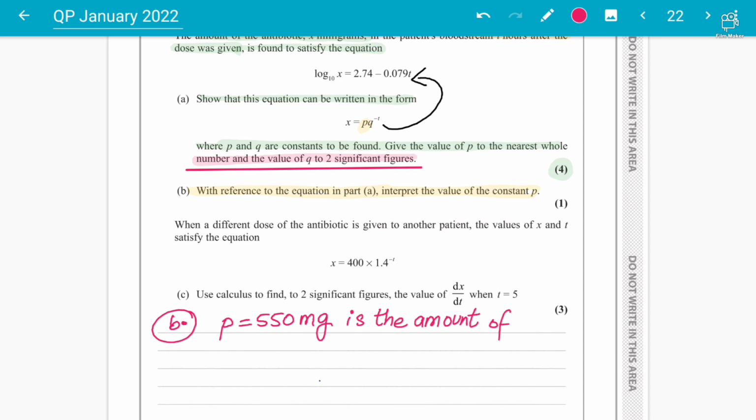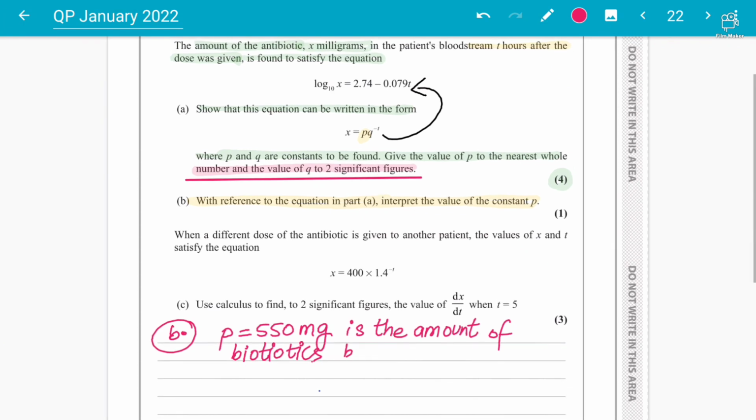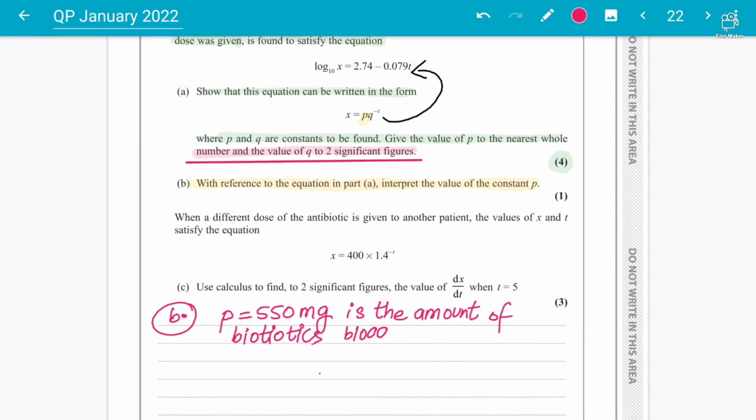So it's the amount of antibiotics that the patient got in the bloodstream, at time 0, basically at the start. You can write at time 0 or at the start. This will be a proper answer to give to the examiner, students, which will give you full marks.